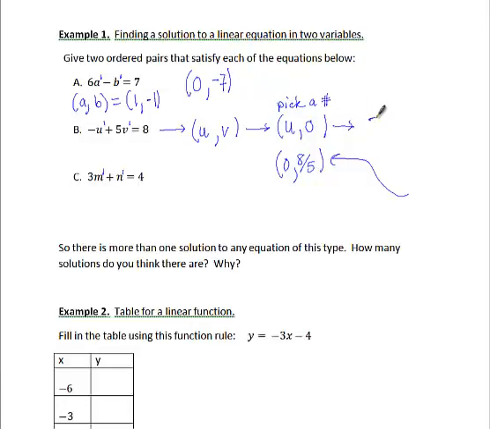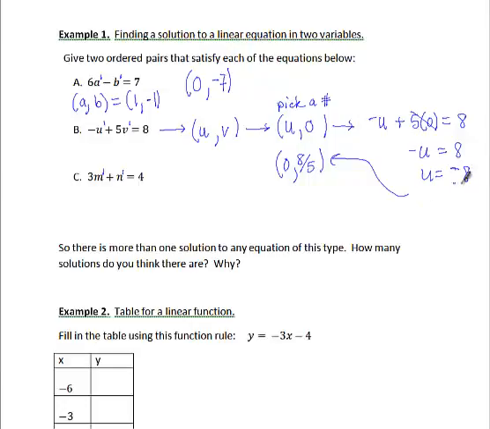That would give me the equation minus u plus 5 times 0. And now that knocks out the 5. 0 times 5 is 0, and so I'm left with negative u on the left equals 8. And if I swap the negative over to the 8, I get u equals negative 8.